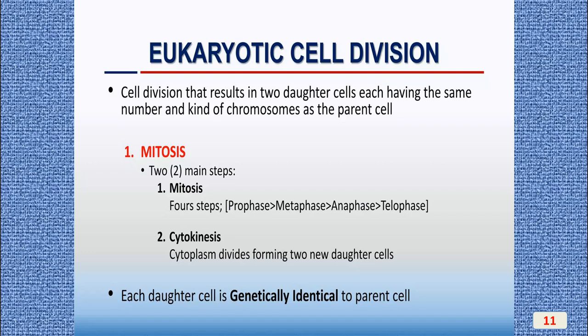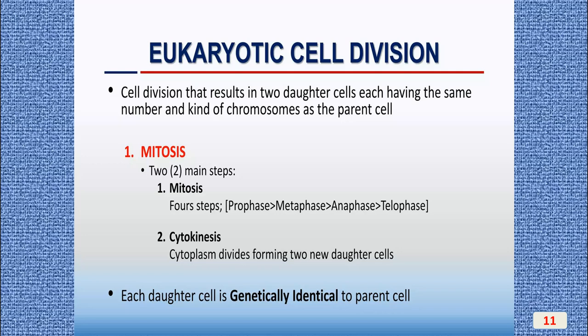Whereas eukaryotic cell division is a little more complex, and the cell division results in two daughter cells, each having the same number and kind of chromosomes as the parent cell. Mitosis consists of four steps, namely prophase, metaphase, anaphase, and telophase.